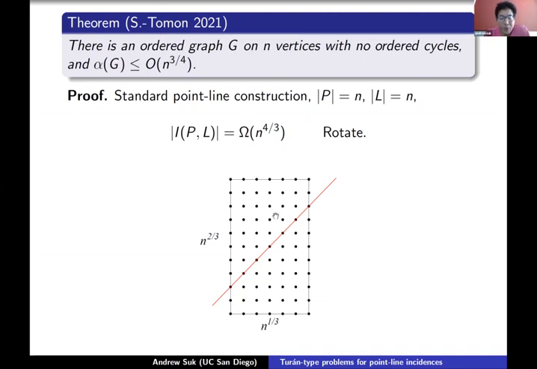You take this picture and you slightly rotate it so that no 2 points have the same x coordinate. And then basically the construction of this graph is simply taking the line graph of this incidence graph.